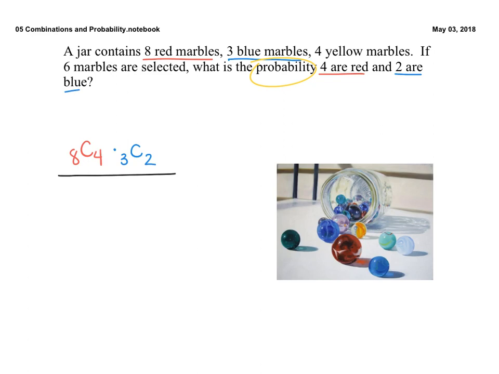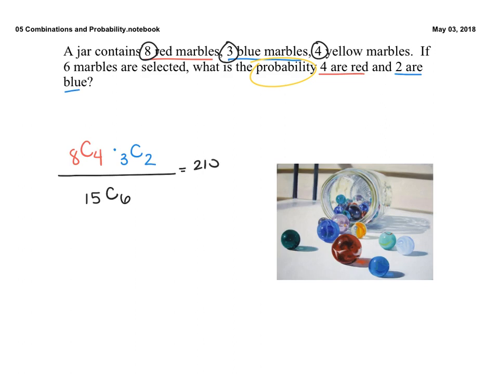All right, so what are we going to divide by? How many total marbles were there? 8 plus 3 plus 4. So it looks like we're looking at 15 marbles. And we're going to choose, it looks like we chose 6 of them. Okay. So I'm going to put the numerator into my calculator, and I get 210 for the numerator.